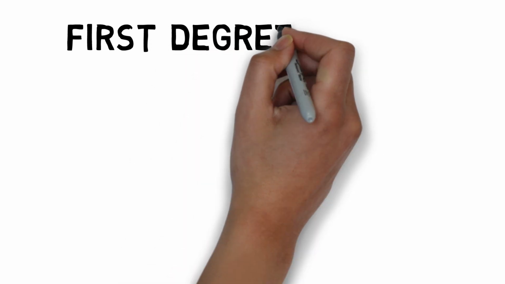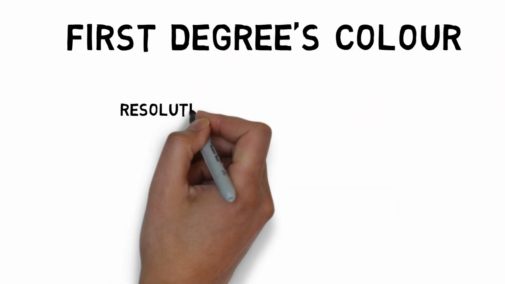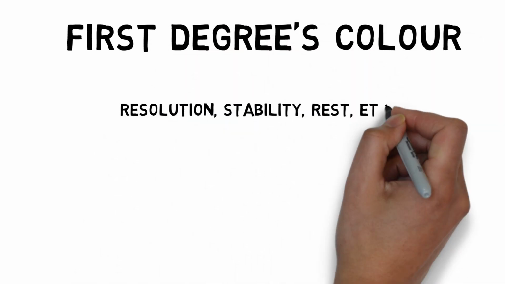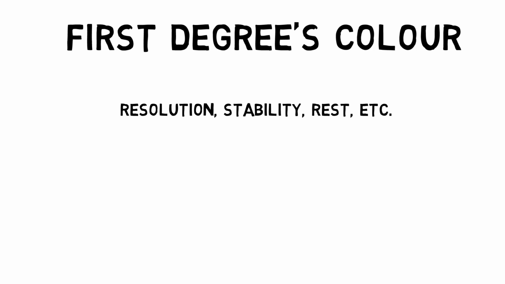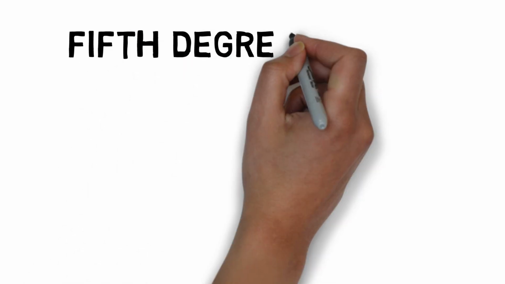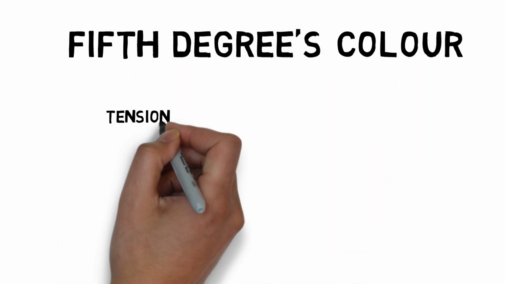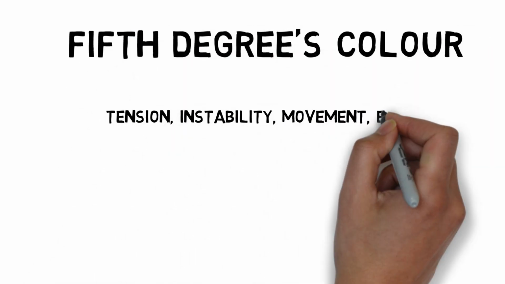For example, the first degree gives a sensation of resolution, stability, rest. Okay, you just heard the first degree. The color of the 5th degree is more unstable, it has more tension, it's like if it wants to go somewhere else.